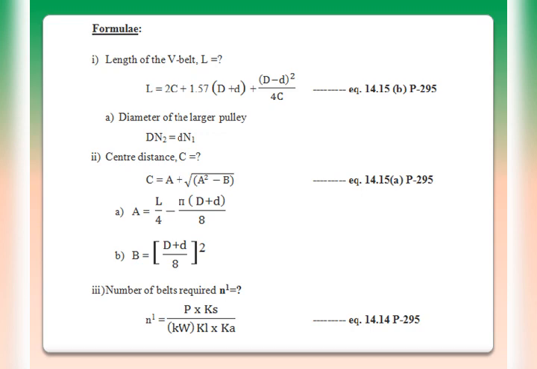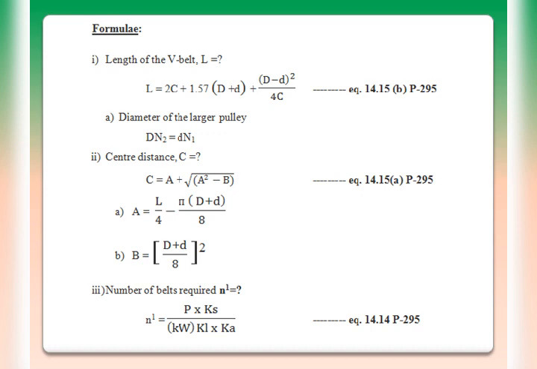This equation we are supposed to use. We are getting the value of capital A. Next, one more unknown is capital B. That can be evaluated by using the equation capital D minus small d divided by 8, whole square. Later we need to substitute these two values, capital A and B, and we get the center distance C.